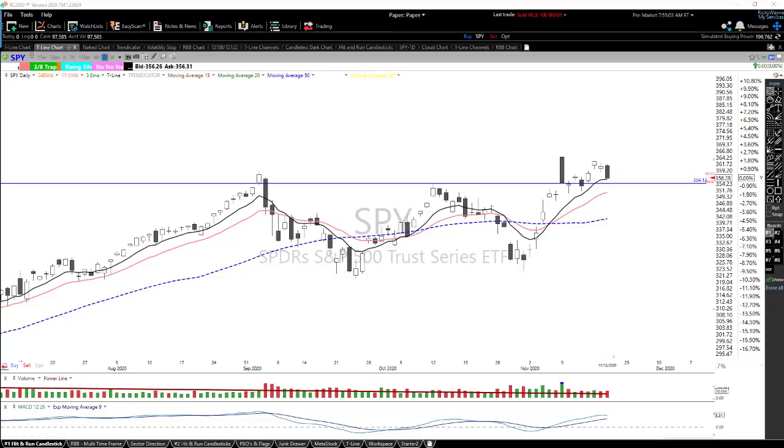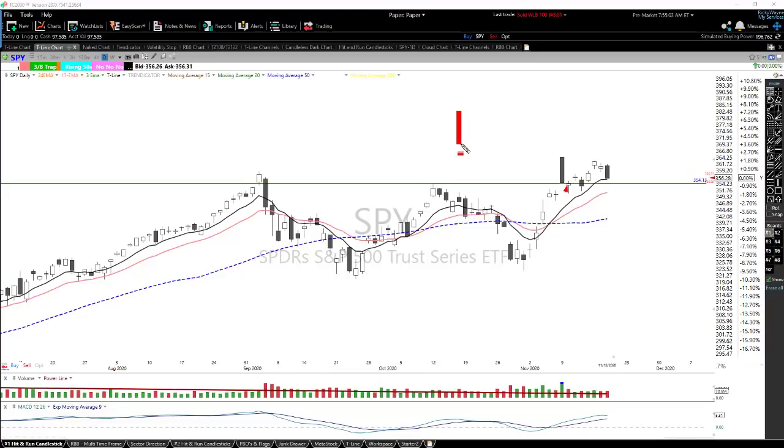Not exact because the falling three method means there are three candles in this area, and we've got 1, 2, 3, 4, 5, 6 candles. So we're going to use the two outside candles, this one and this one right here. Again, there are too many candles in there to call it an official falling three method. But this is what a falling three method looks like.